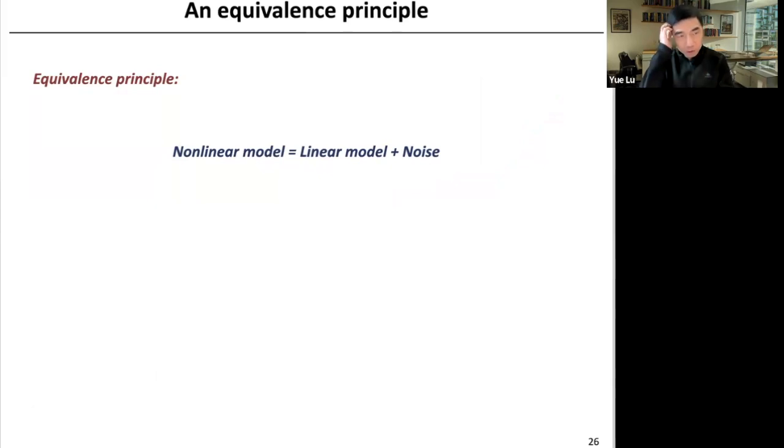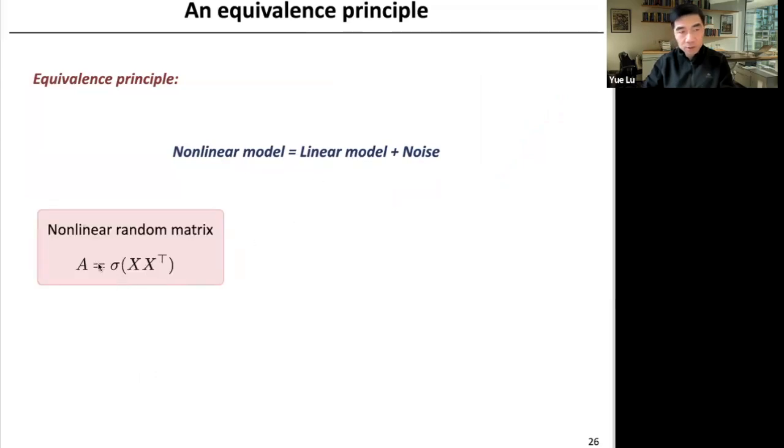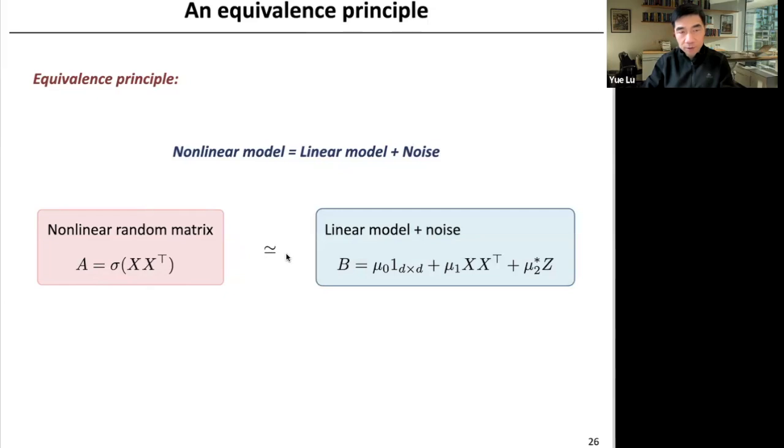Broadly speaking, this equivalence principle says that the nonlinear model, in many cases, is equivalent to a linear model plus noise. To be concrete, consider this nonlinear random matrix, where you apply an entry-wise nonlinear transformation to the empirical covariance matrix, and let's call it A. In many cases, A is equivalent to a model B, which is a linear combination of three matrices. The first is an all-ones matrix, weighted by a constant mu0.